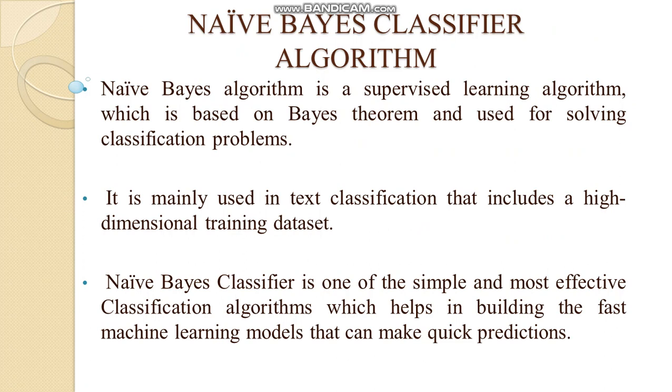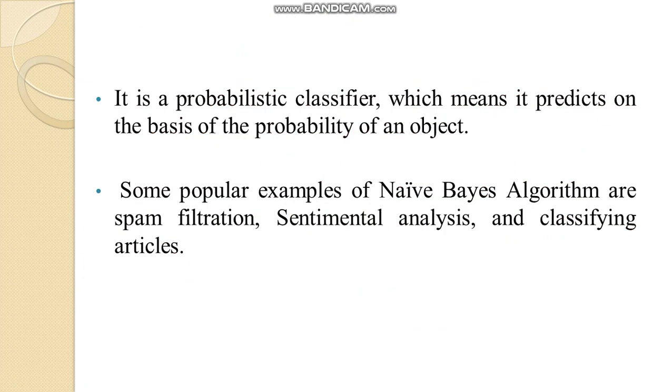Naive Bayes classifier is one of the simple and most effective classification algorithms which helps in building fast machine learning models that can make quick predictions. It is a probabilistic classifier, which means it predicts on the basis of the probability of an object.